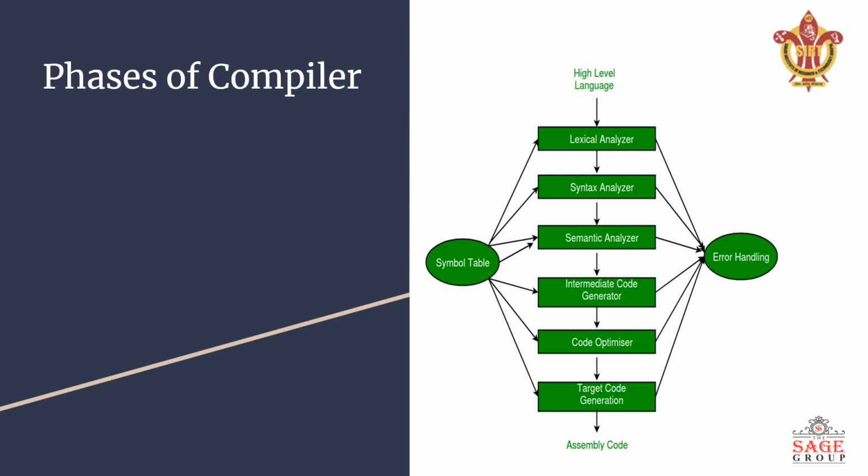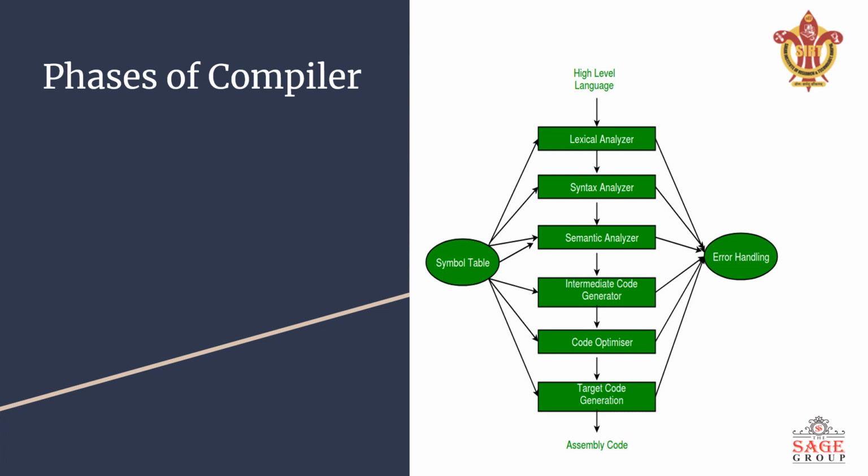All this behavior is checked by the semantic analyzer. Then the output of the semantic analyzer is the annotated parse tree, which is used as intermediate code to generate the machine-like instructions.